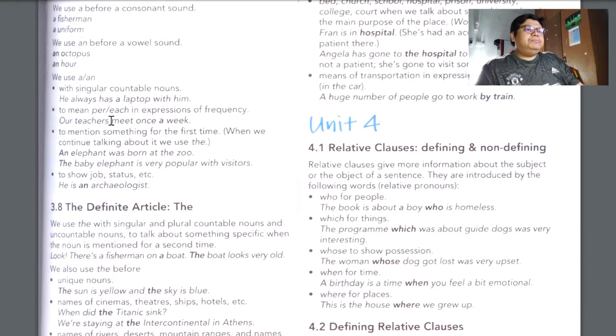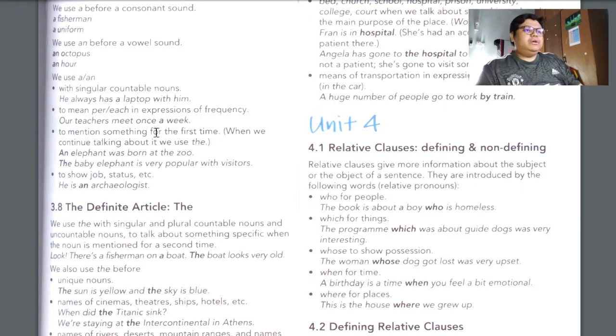To mean per or each in expressions of frequency. Frekuensi ni maksudnya perkara yang berulang. So kalau macam contoh ayat ni, our teachers meet once a week. Maksudnya dalam seminggu dia ada jumpa sekali.